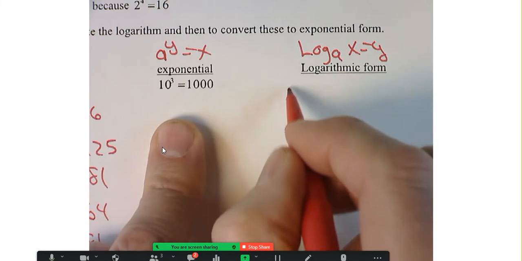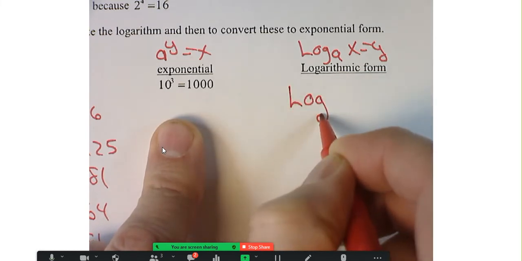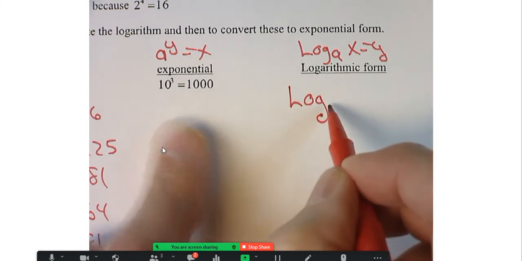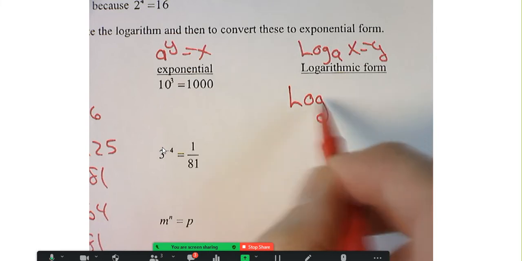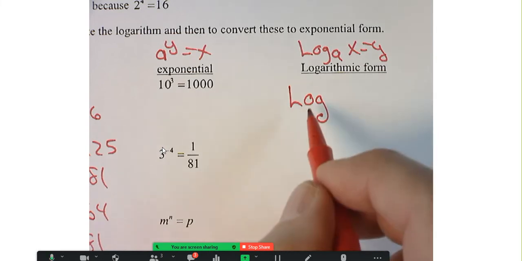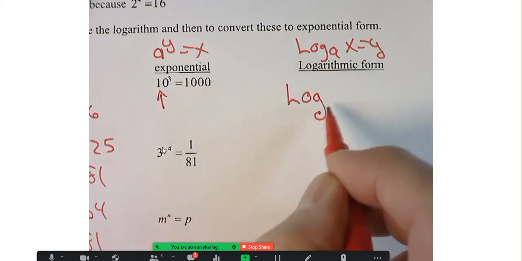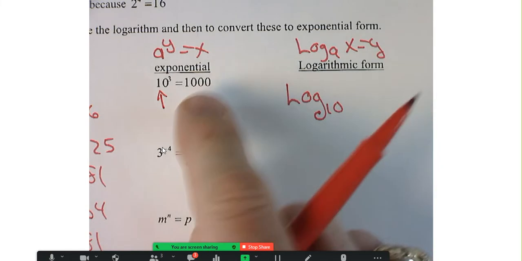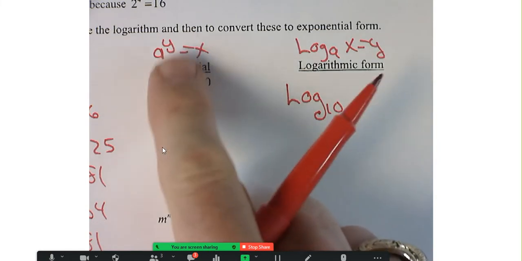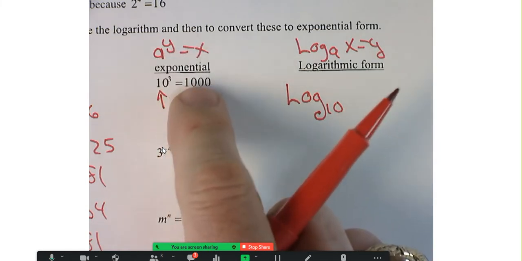So what's this going to be? Log, what's the base? Now that base is written a little bit below the line with the logarithm. Log base 10 of the y value, excuse me, of the x value. X is over here.